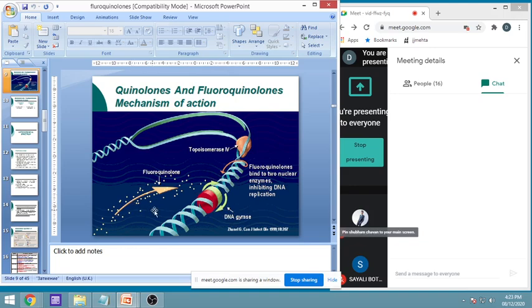This is the job of DNA gyrase, winding up the DNA, while topoisomerase 2 causes the separation of the daughter DNAs for replication. The fluoroquinolones bind to these two enzymes and thus inhibit DNA replication. This is the basic mechanism, and because of that they are very effective agents.